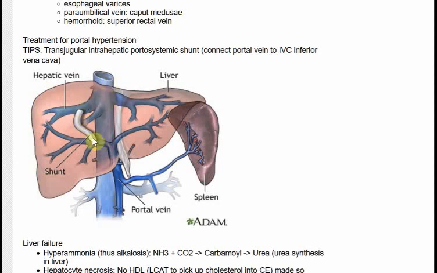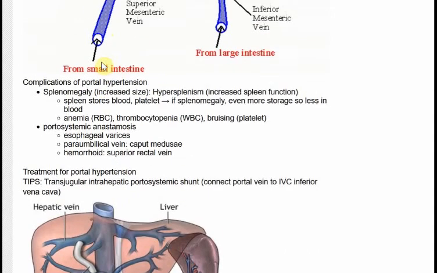So that is your TIPS procedure. Contraindication, for example, would include if you've got hepatic encephalopathy, because all these toxins will just bypass and your brain will be screwed up.